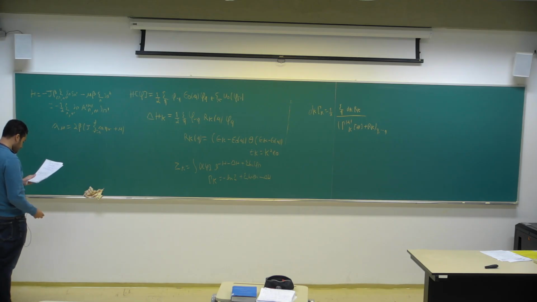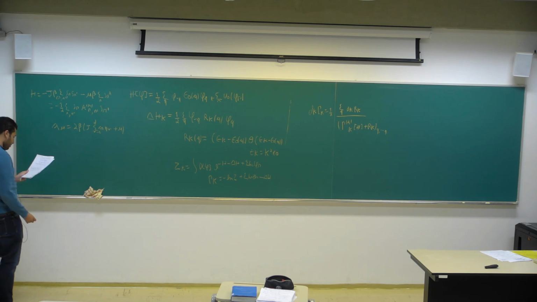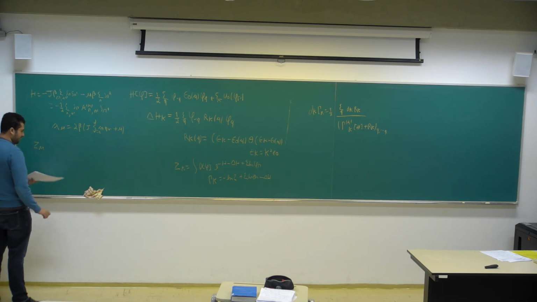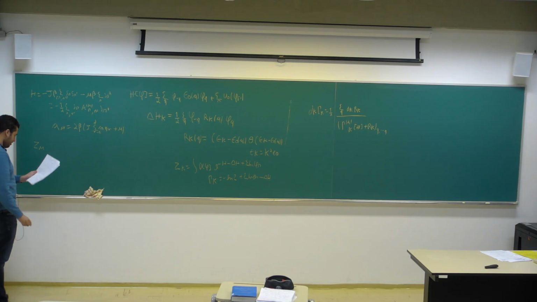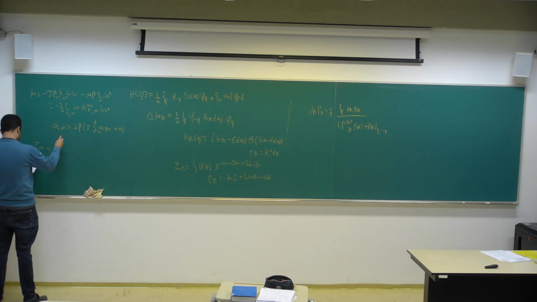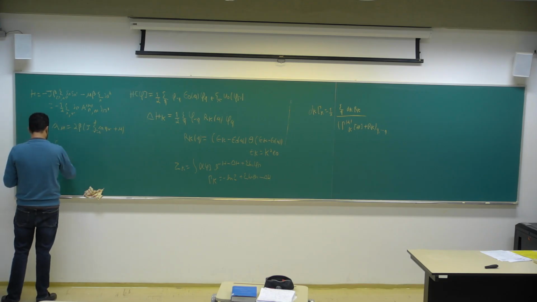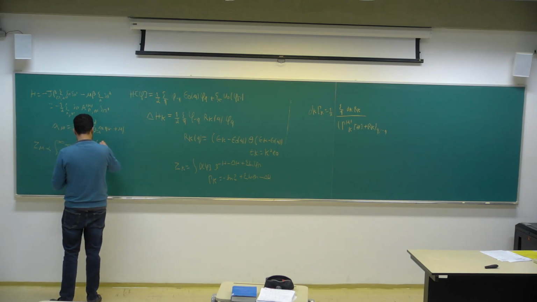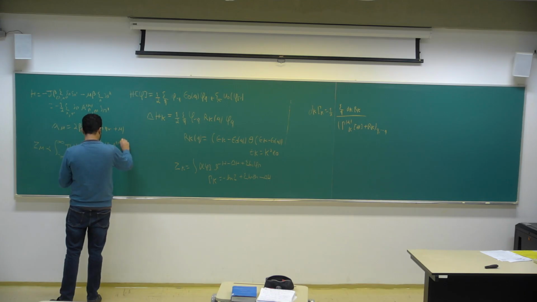To write the partition function, we use a trick which is called the Hubbard-Stratonovich transformation, I'm probably mispronouncing, which is to write the partition function. We can write it like this, with the sum over R prime, R, and the matrix to the power of minus 1.